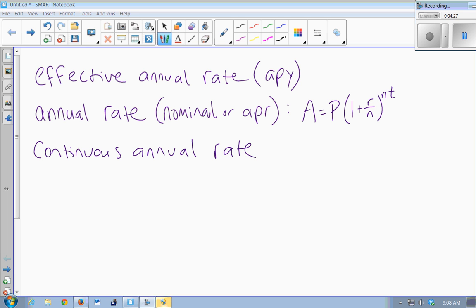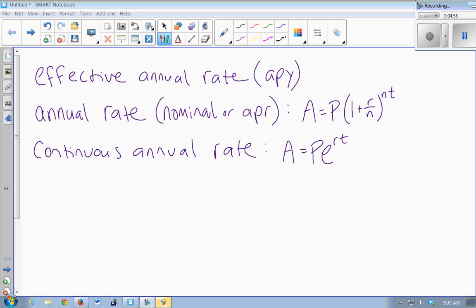When they say continuous annual rate, that comes from this formula: P e to the RT. So the R in this formula is called a continuous annual rate. The R in this formula is just your annual rate or your nominal rate or your APR. And then effective annual rate, you can calculate from either of the other 2. So that's something that you calculate.